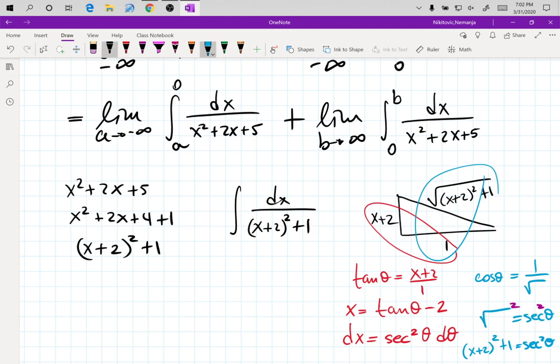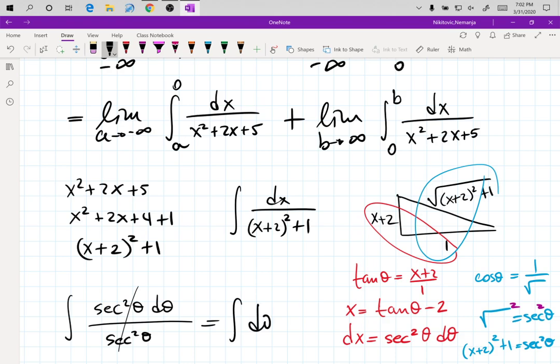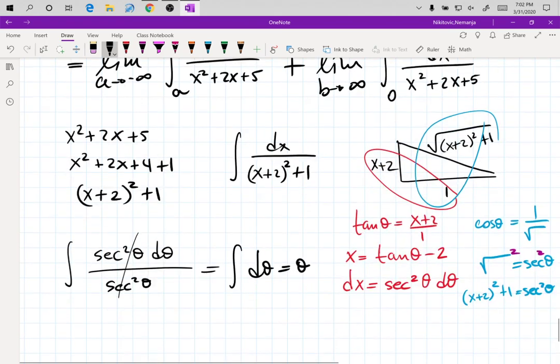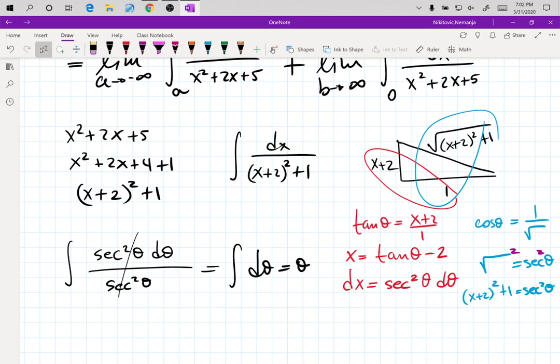So now when we plug everything in, we have integral dx equal to secant squared theta d theta divided by secant squared theta, right? Because that's what it is. And then they cancel completely, and you just have integral of d theta, which is theta. We don't need plus c because remember we have definite integrals later on to deal with.